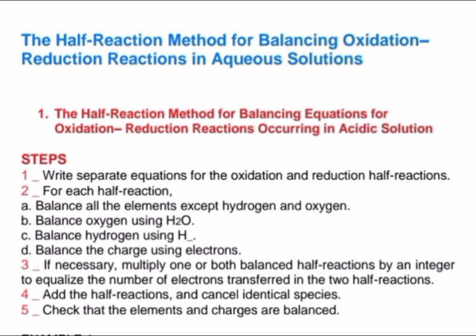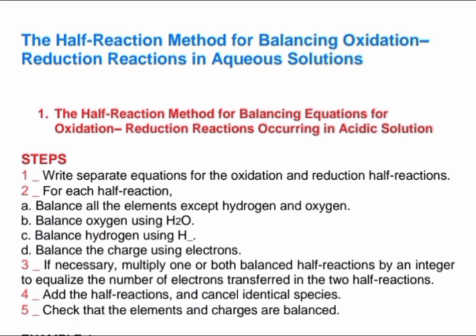Okay, we're going to use the half reaction method. These half reaction methods are in 2 categories. There is the acidic one and there's the basic one. So the first we'll do, it's the acidic one. So the half reaction method for balancing equations for oxidation reduction reactions occurring in acidic solutions involves the following steps.